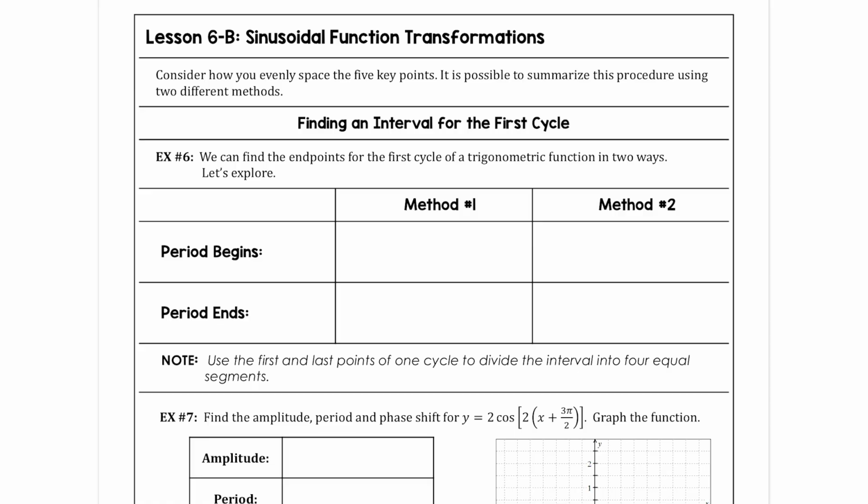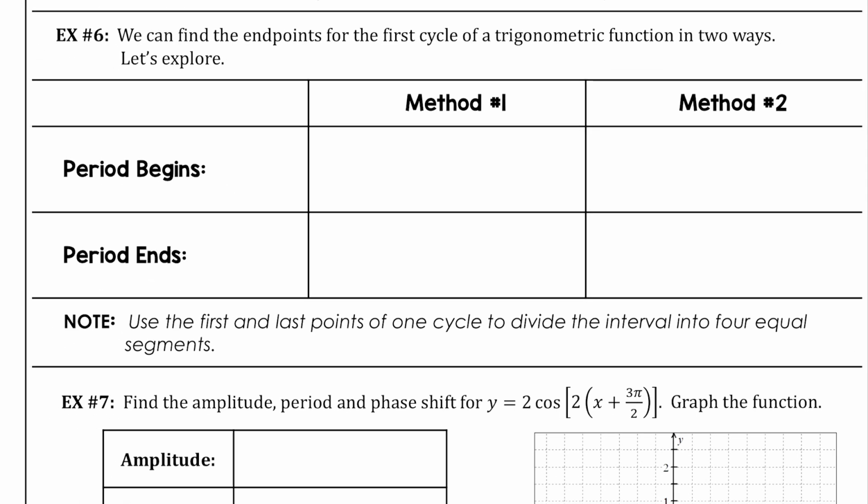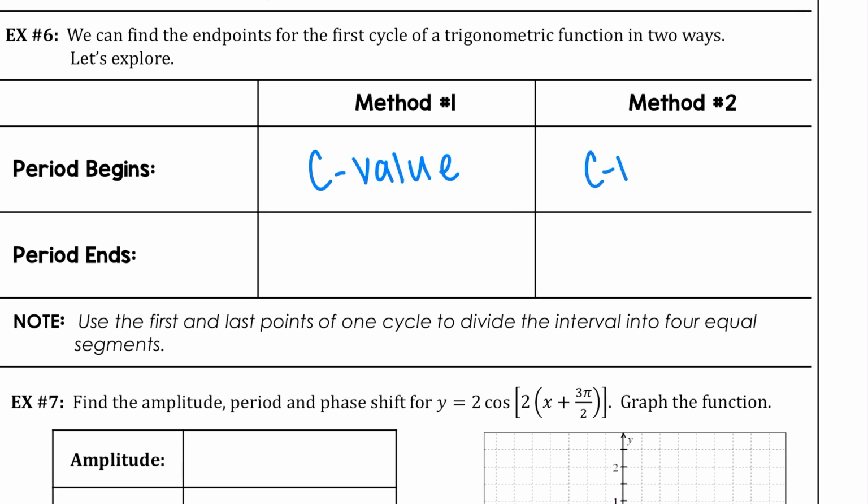So we can find our endpoints for our first cycle of our trig function in 2 ways. Method 1 and 2. So basically our period begins with our C value, right? Same with method 2.